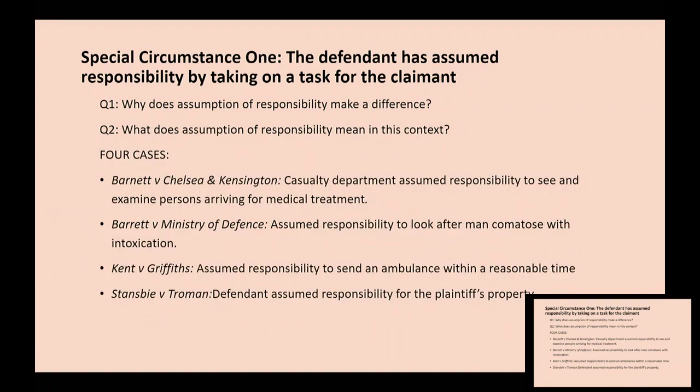So before you have that established doctor-patient relationship, when you just turn up and say, "I'm suffering from this injury," what is the duty of the casualty department? Do they have a duty to see and examine the person?